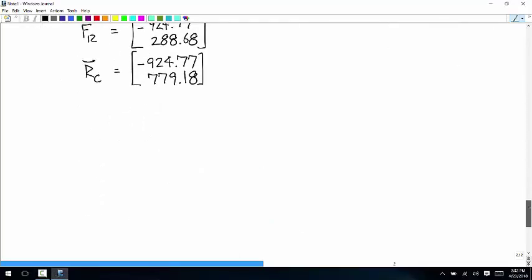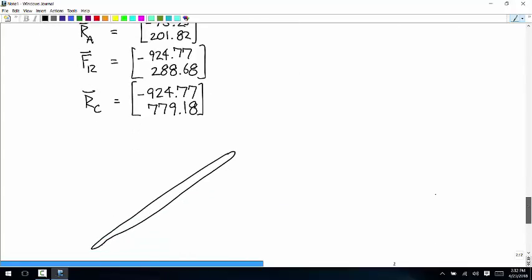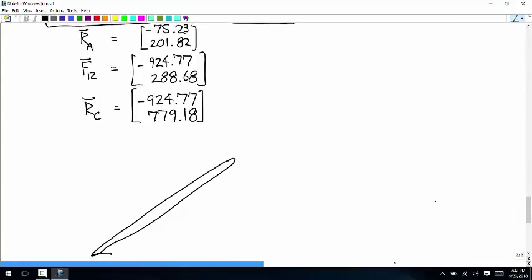All right. Well, now, before we go into the internal loads, let's just be really clear about what we have. So, on this body over here, we have the force RA at the bottom that is a force vector of negative 75.23, 201.82.